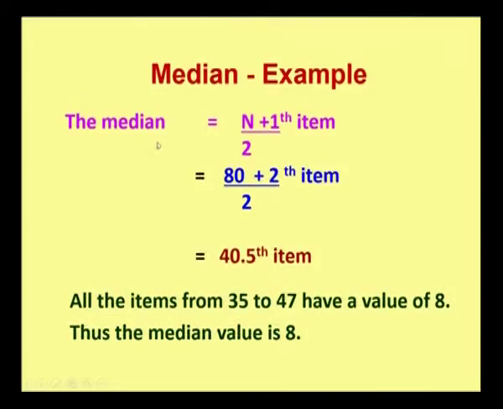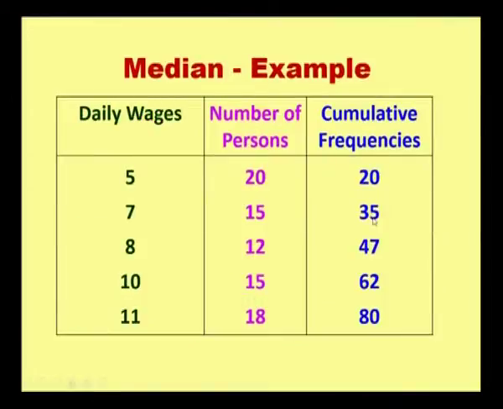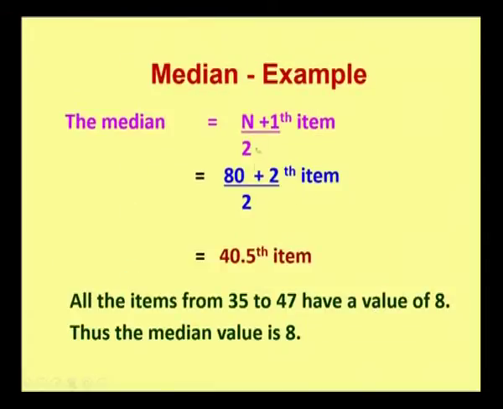And now, what is the formula? It is always the (n plus 1) by 2th item. The modal class has the highest frequency, that is 18, and now the n is 80, and therefore, the median is (n plus 1) by 2, that is the 40.5th item.